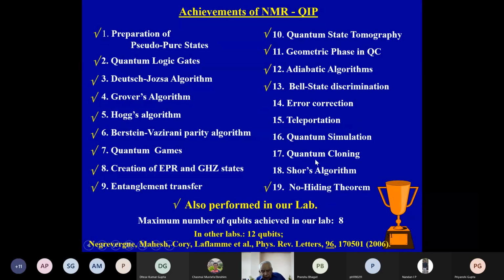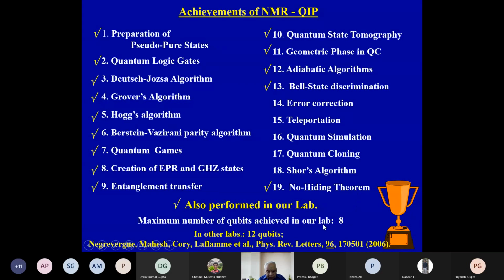What we have not yet done is Shor's algorithm. Bell state discrimination, I will show you that. Creation of EPR and GHZ states is straightforward. Quantum games, we have implemented some quantum games. Entanglement transfer and the no-hiding theorem, I will show that also.